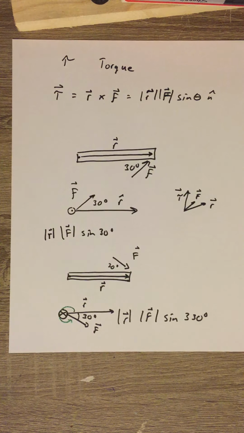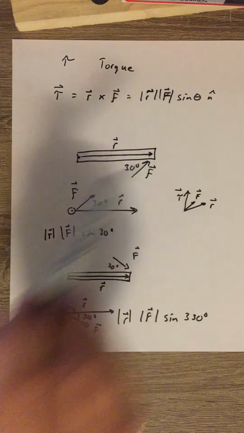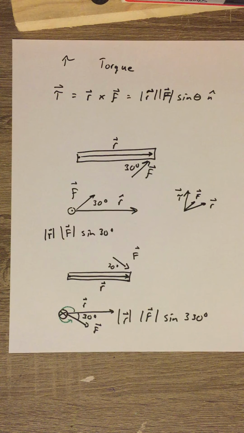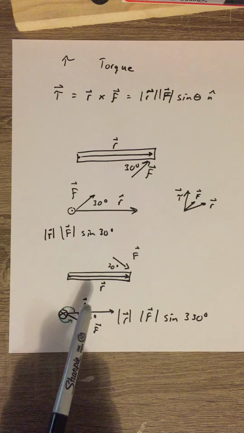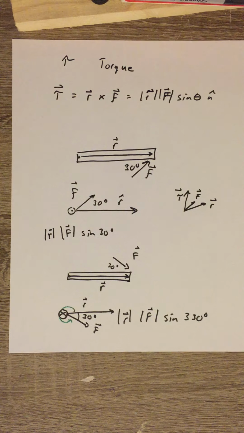The cross product, because of this sine function, whereas the dot product had the cosine, actually picks off perpendicular components. It picks off how much of F is perpendicular to R, or how much of R is perpendicular to F, although we'll see that it can work both ways.